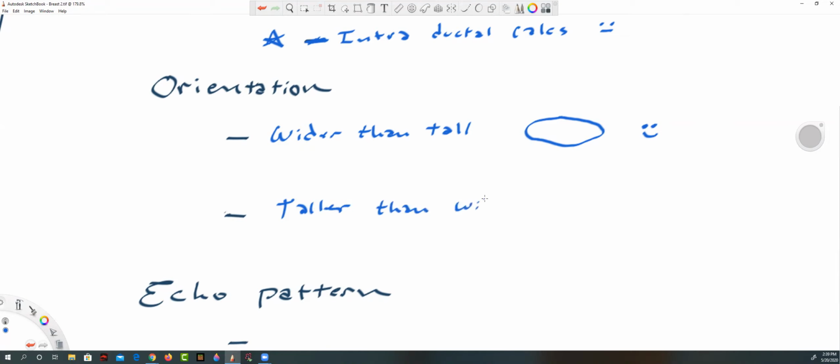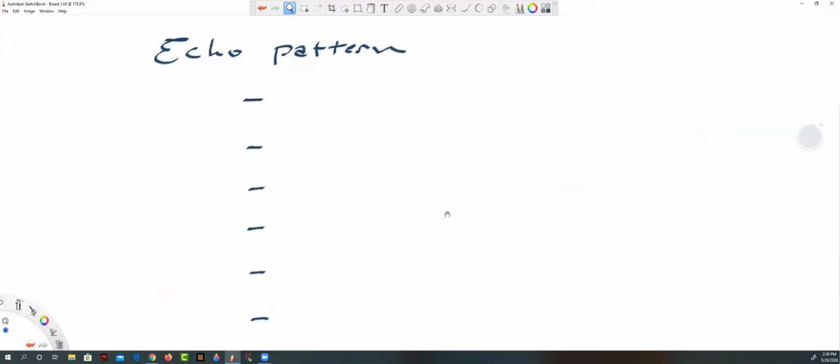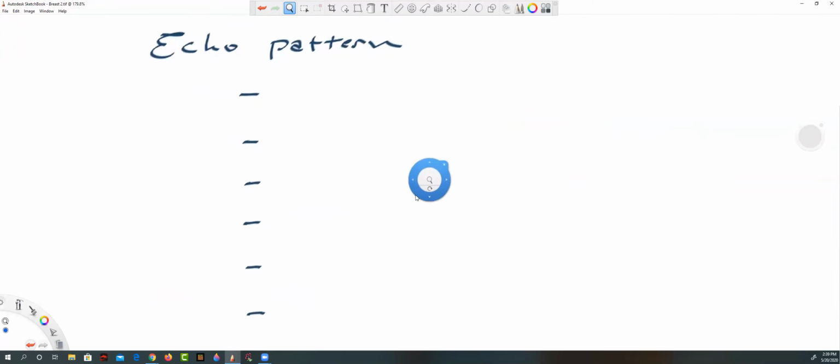Taller than wide. Bad. Just remember, most of these are pointing us in a direction. Most of these are not, other than spiculated, which is pretty much a guarantee, but most of these are just pointing you in a direction of good or bad, not for sure.